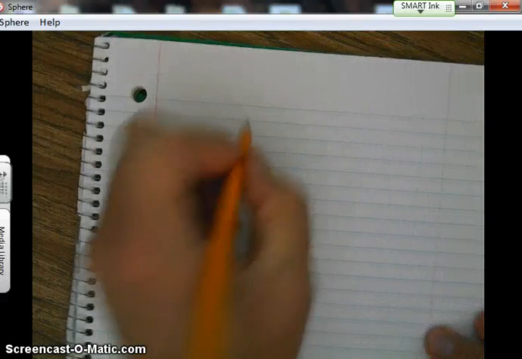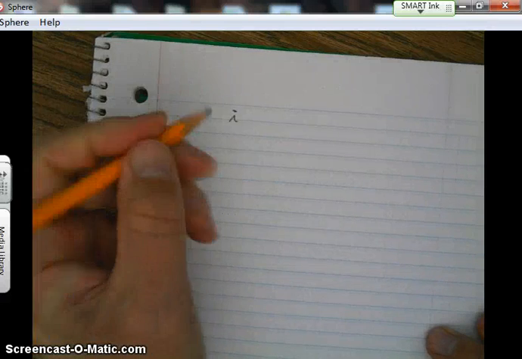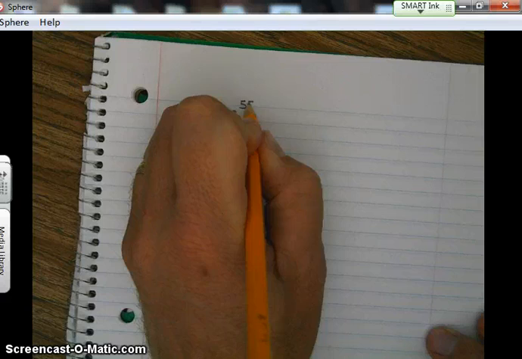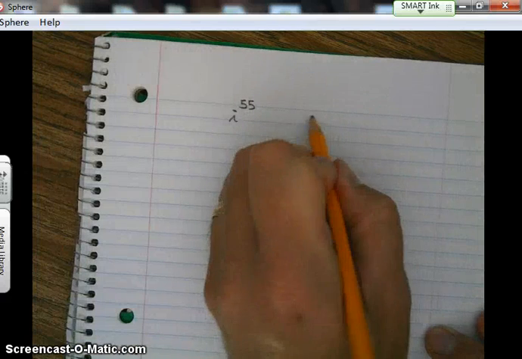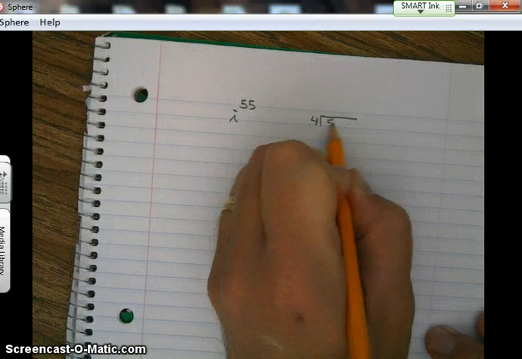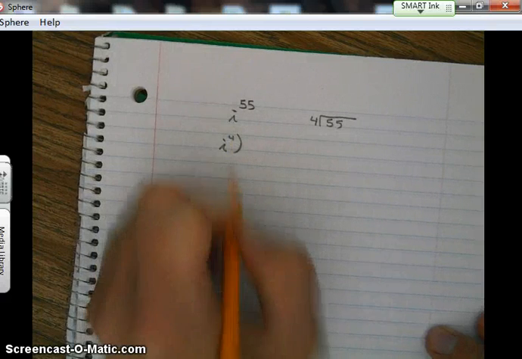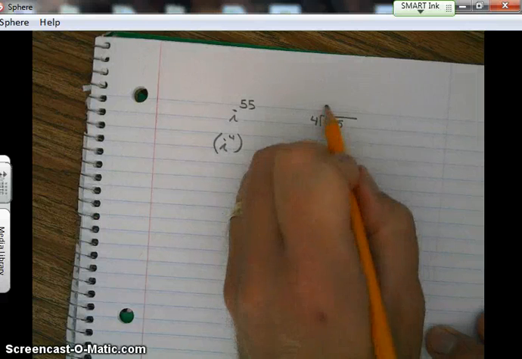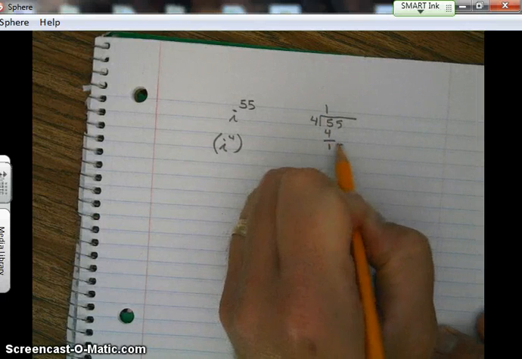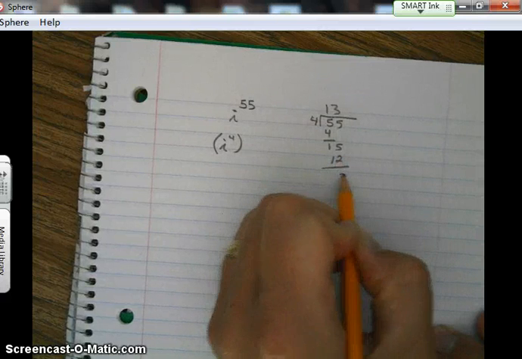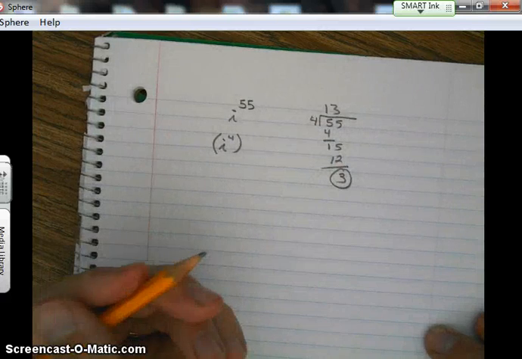Now what happens if we have an i raised to a number like 55? So again, 4 into 55, so it's going to be i to the 4th. How many of them? 4 into 55 is 13 times. 4 times 13 is 52. That leaves us with 3 left over.